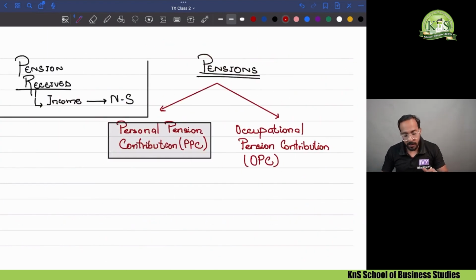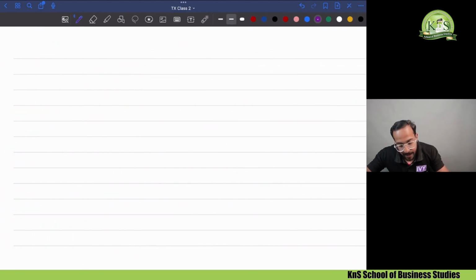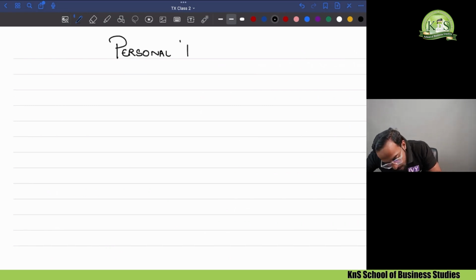Now moving towards the 4 concepts. I believe you have cleared the concept of occupational pension contribution. Now what are the 4 concepts of personal pension contribution? Before that, I need to explain what personal pension contribution is. Short form is PPC.